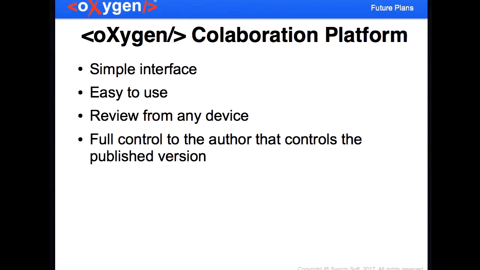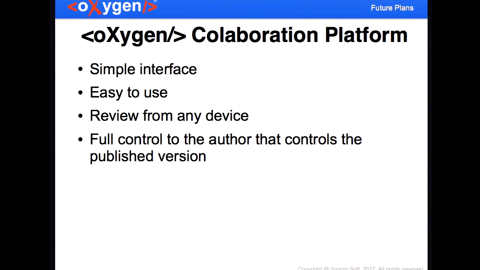So you've seen already some of the things that we are preparing for version 19, or together with oXygen 19. So the oXygen Collaboration Platform, which basically, I don't know, was someone not here for that session?